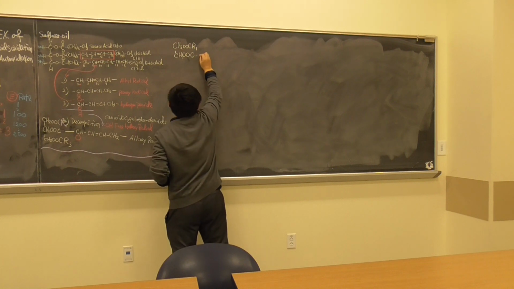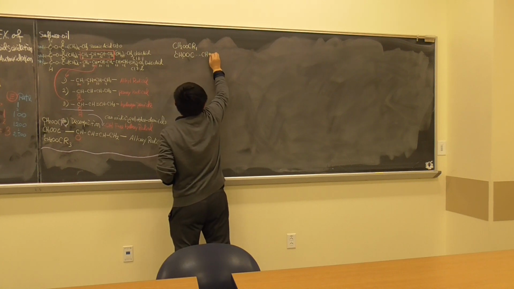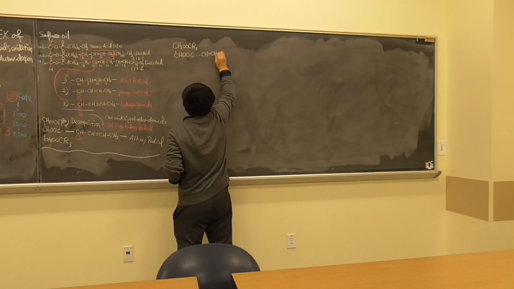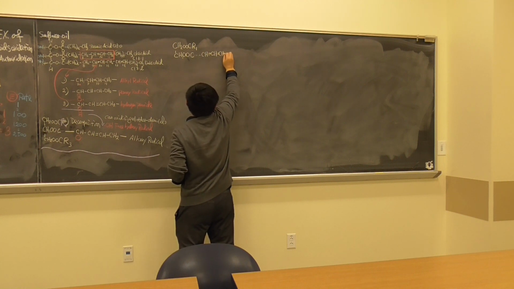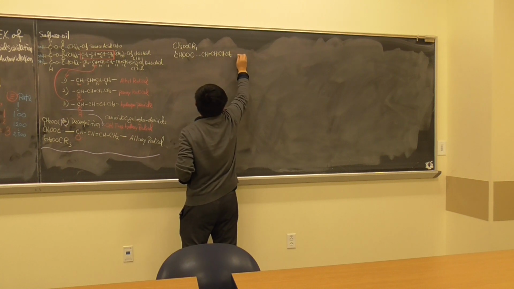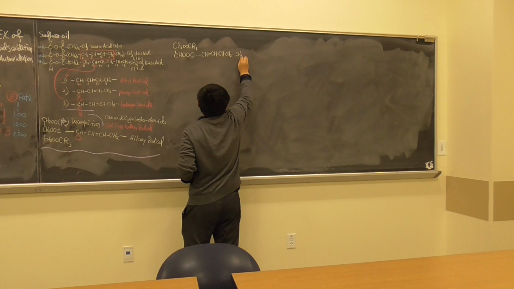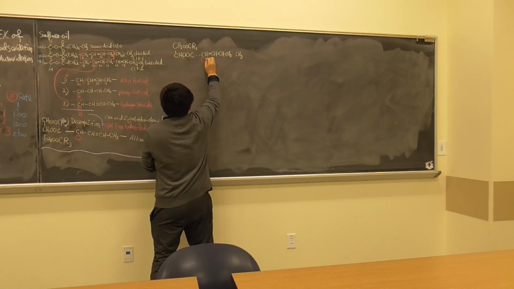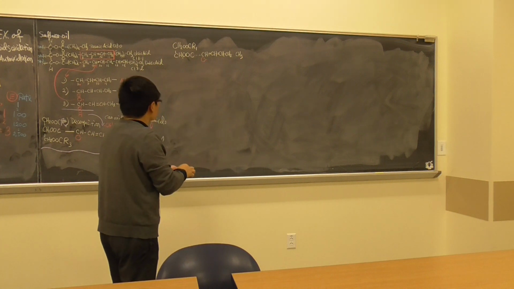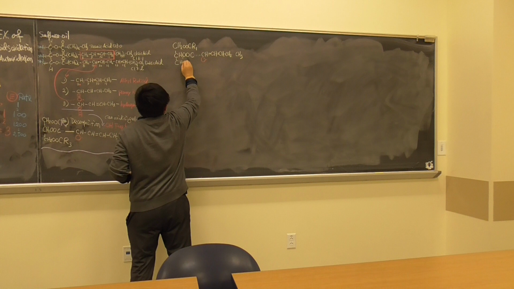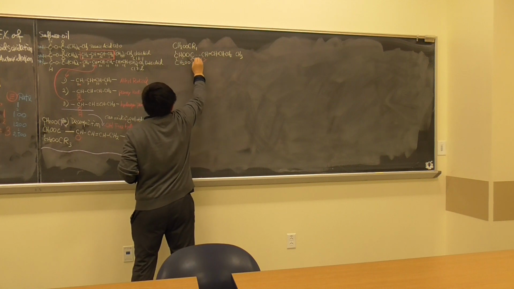Okay, so it becomes CH, CH double bonds, CH and CH2 becomes CH3. Now here we need to put this back. Then we go CH2OO3.